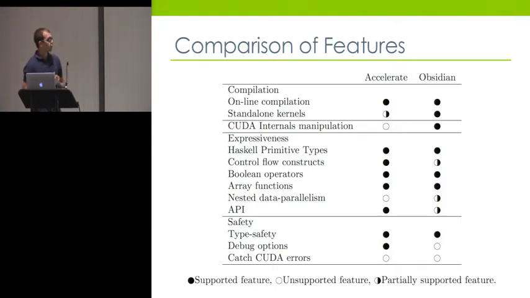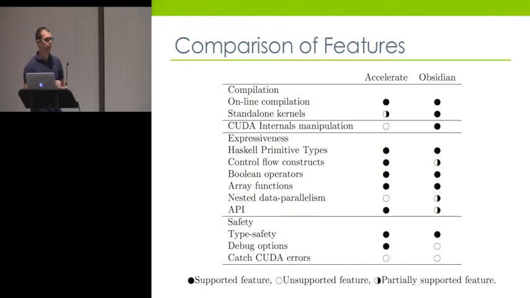So we already talked about compilation and the manipulation of CUDA internals. In terms of expressiveness, they owe most of their characteristics to Haskell. We can see that, for example, Obsidian, the developers say that it's capable of some level of nested parallelism, while in Accelerate that's strictly forbidden. And for the API, Accelerate provides a nice library of functions that are ready to use and well documented, while Obsidian is still not there.